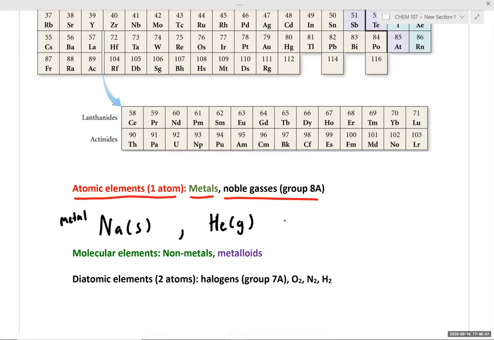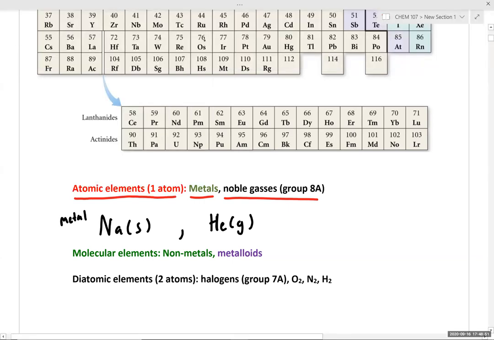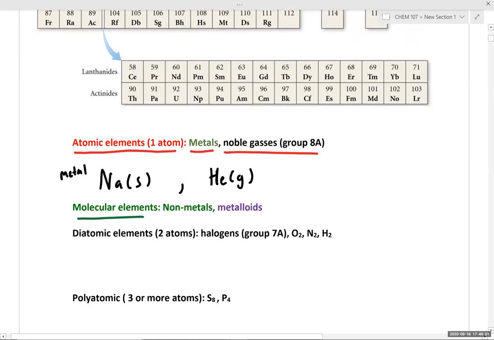So the other type of species are our molecular elements. If you have a question, don't be shy to unmute and ask. For our molecular elements, these consist of our nonmetals and metalloids.